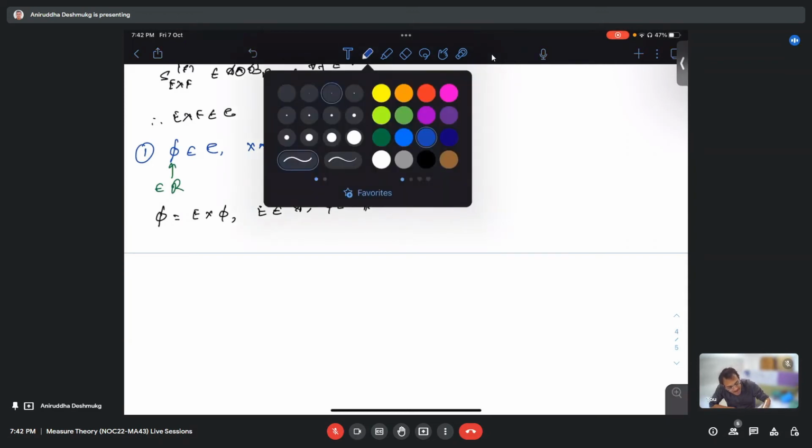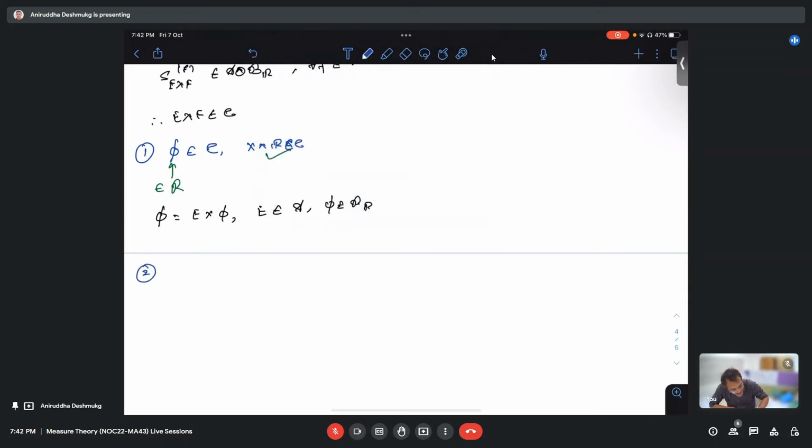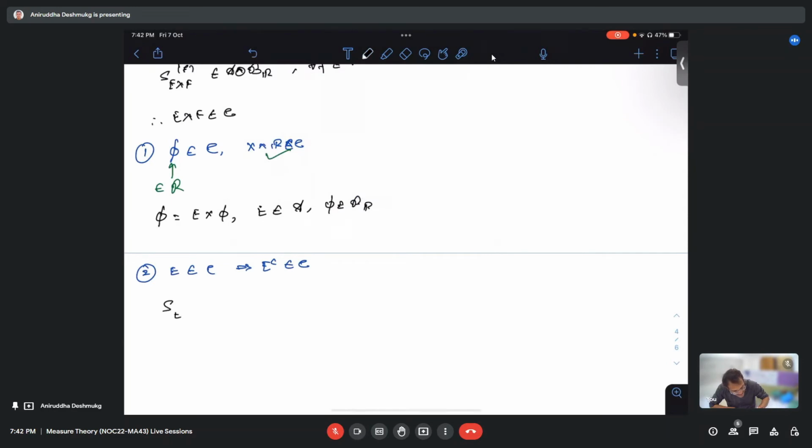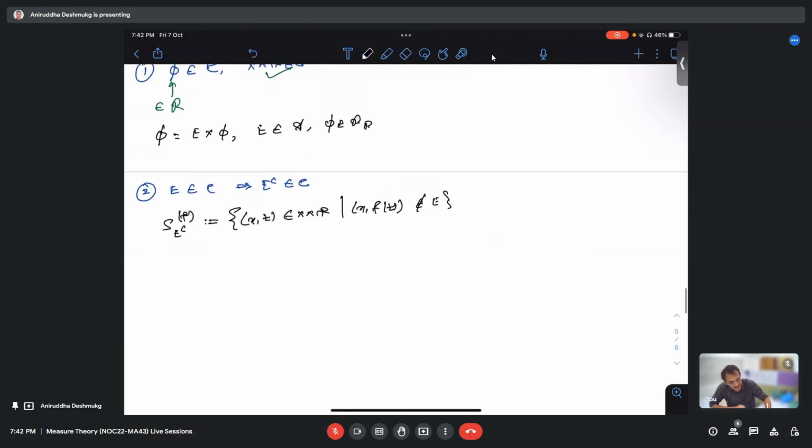The second part is to prove that C is closed under complements. Whenever E is inside C, we need to prove E complement is inside C. So let us look at S_E complement of F. This is the collection of all x such that (x, f(t)) is inside E complement, but that means it is not inside E. Then this is equal to the complement of S_E(F), isn't it?